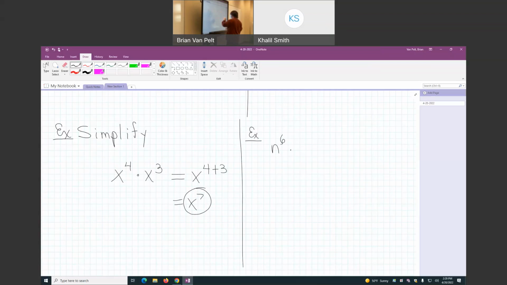X to the 6th power times x to the 5th times x squared. Now what is it going to be? It's going to be x to what power? All those numbers are up there in the exponent. X to the 13th power.